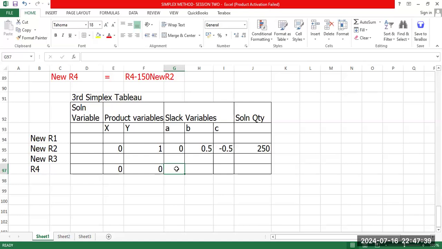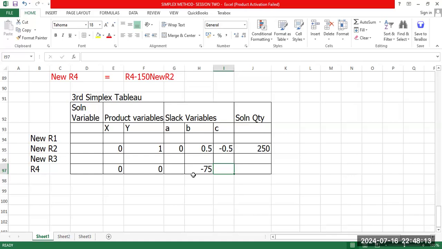I want another person to tell me this. Please, colleagues, speak up and we finish. What is the value here? It's negative 75. Then for C?